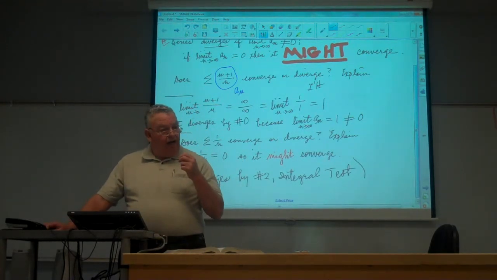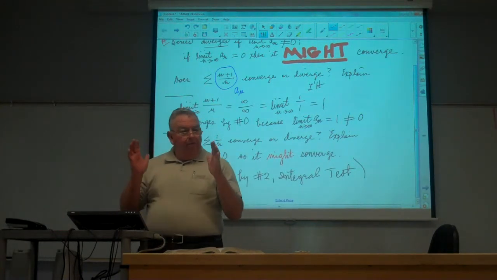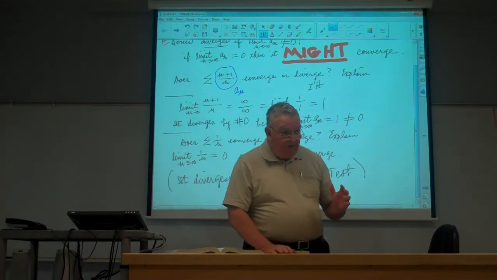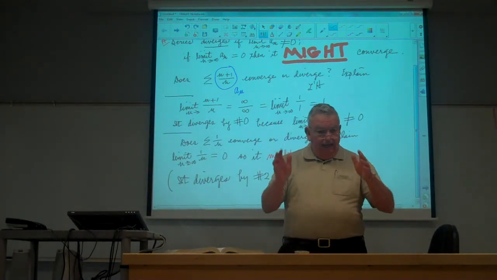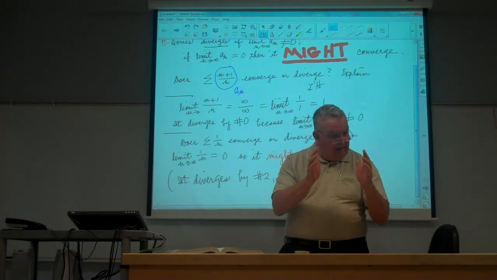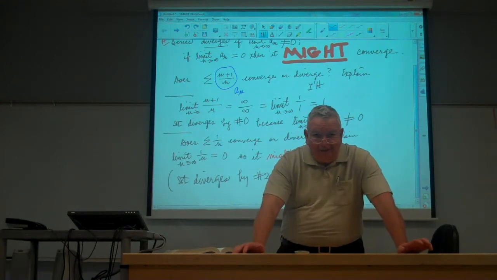And then we've got the geometric series test. But in order to use, this is who's buried in Grant's tomb. In order to use the geometric series test, you must first have a geometric series?